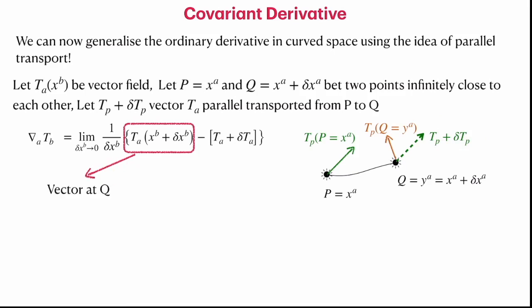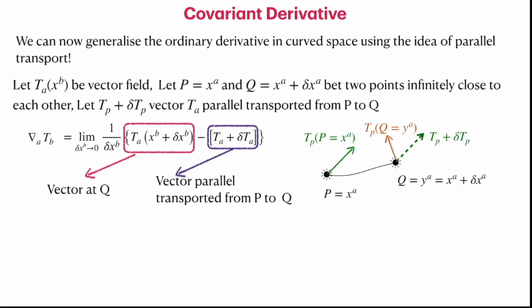We take the vector field at Q and the vector parallel transported from P to Q, take the difference, divide it by delta x^B and take the limit delta x^B going to 0.